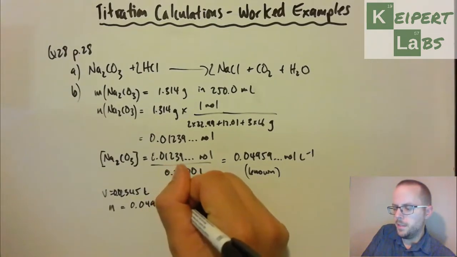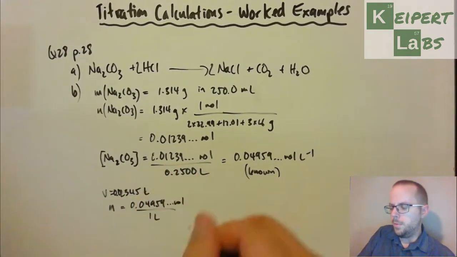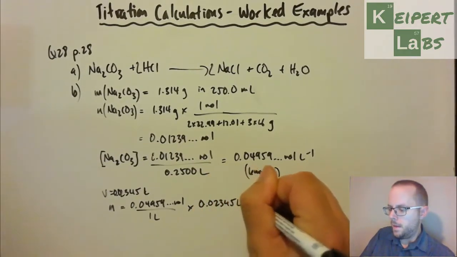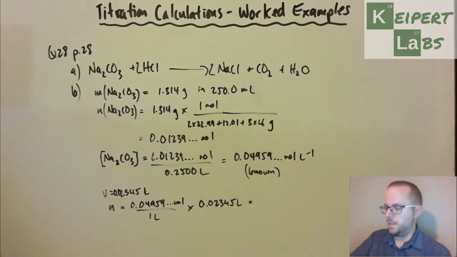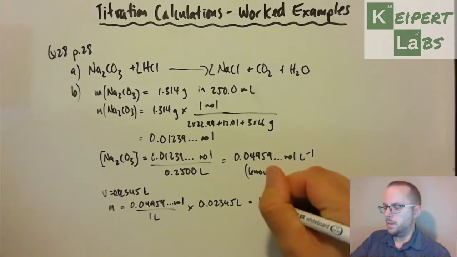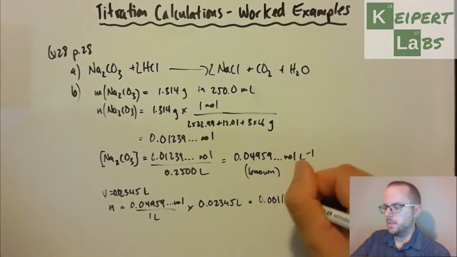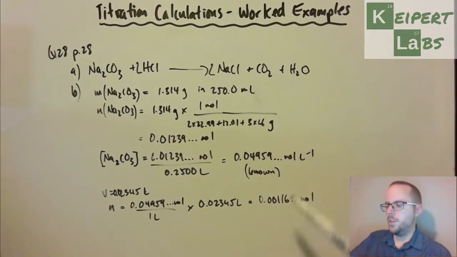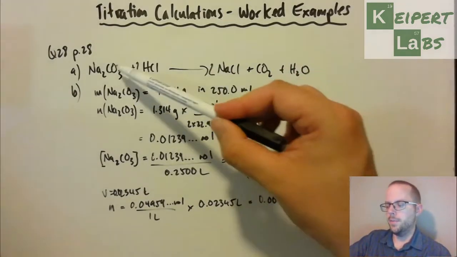You'd keep the decimal places in your calculator. Moles for every 1 litre multiplied by this volume. So that gives us a value of roughly 0.00116 moles.